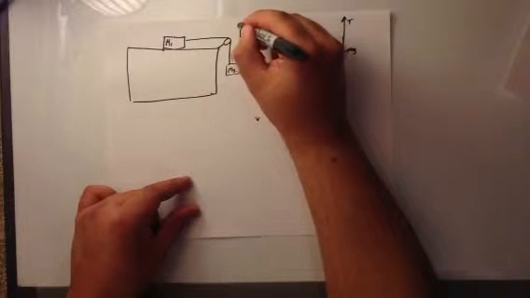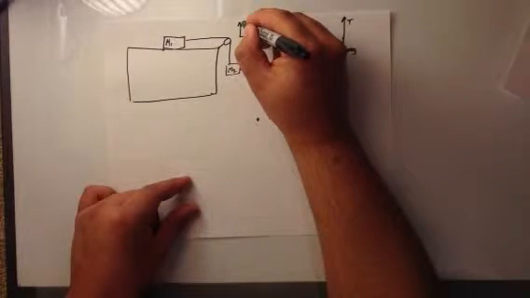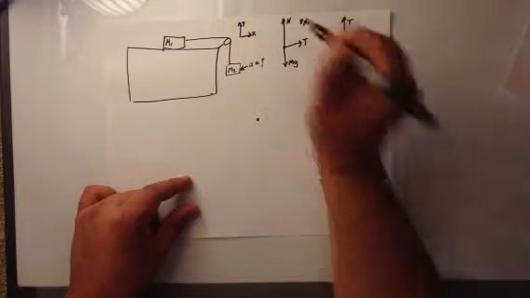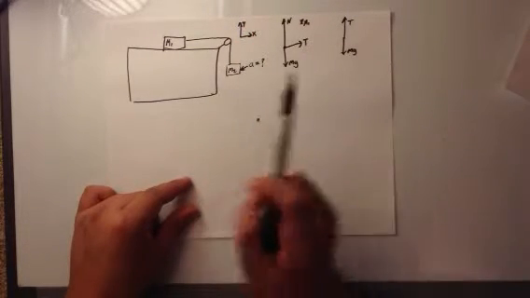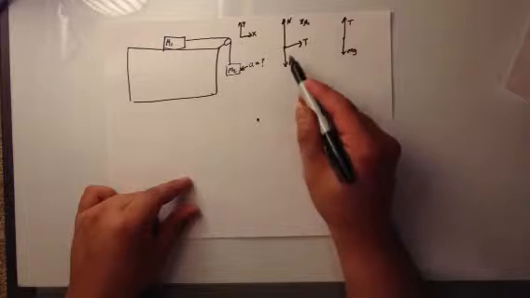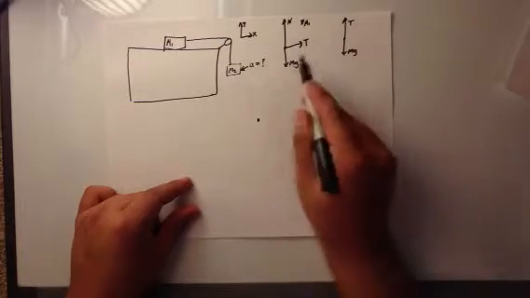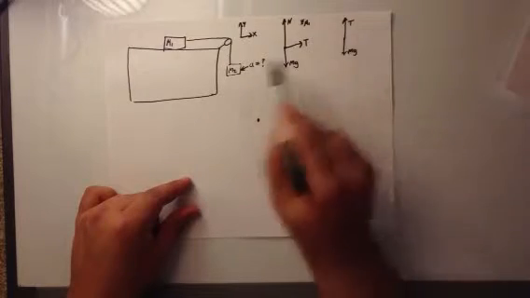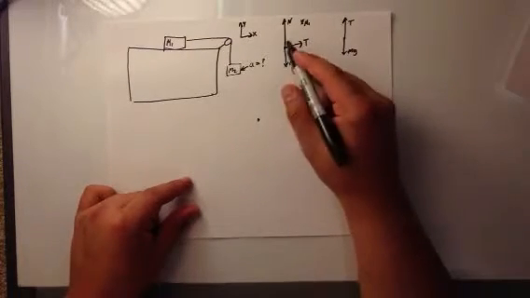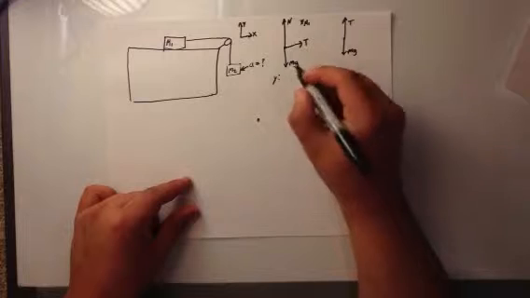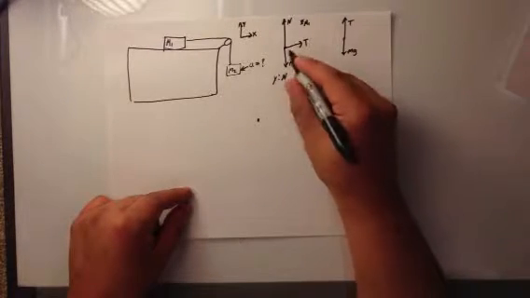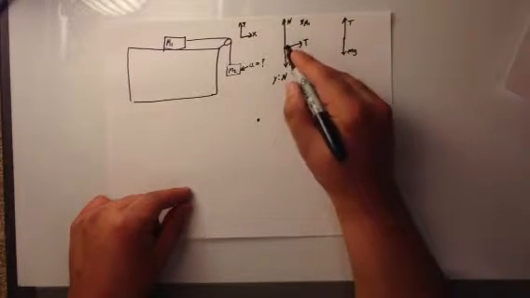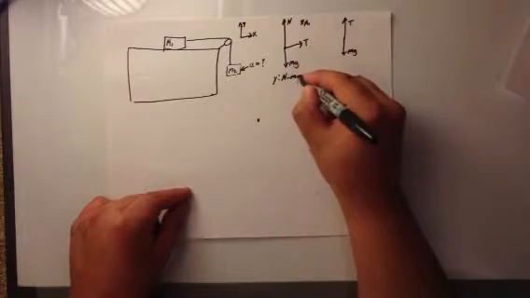So we should label our axes as well, Y and X. We're just finding what's positive and what's negative. Then we're going to sum all the forces in the X direction and all the forces in the Y direction on each one of these diagrams. In the Y direction, we have the normal force minus the gravitational force.